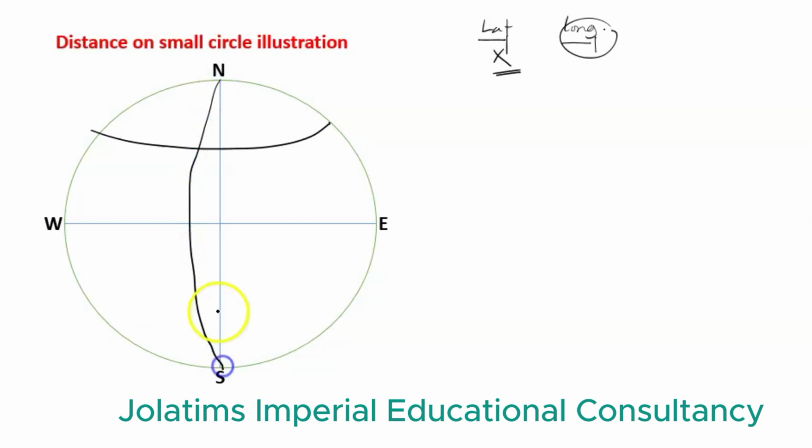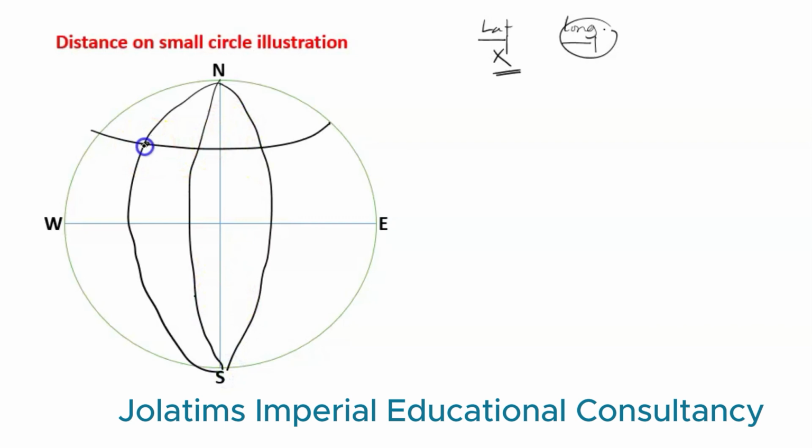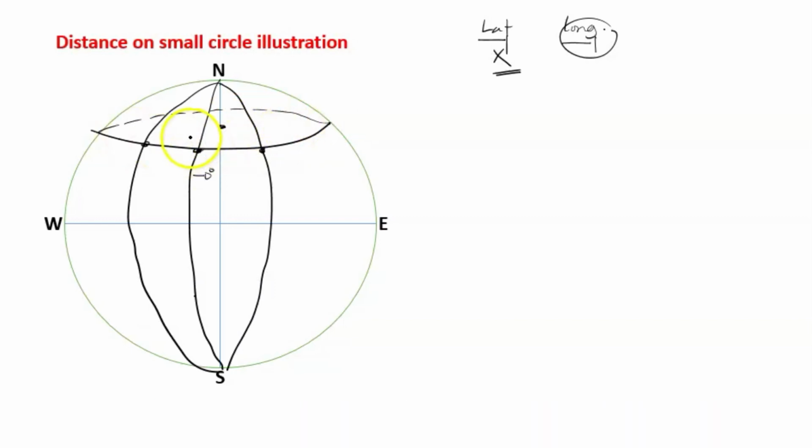We can also have other longitudes this way and another one this way. So what we are saying in essence is we are going to have points of intersection on this small circle, and of course this is the center. This is where the meridian intersects with the common latitude. So we usually join these points together.